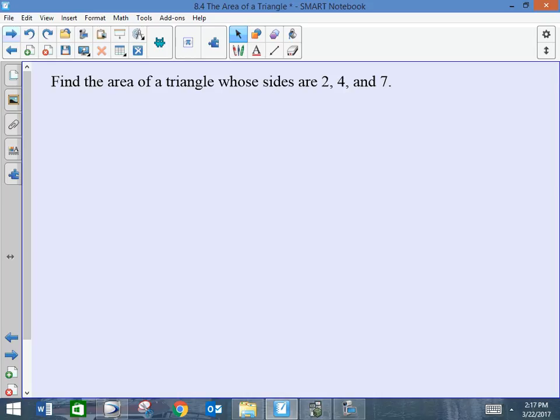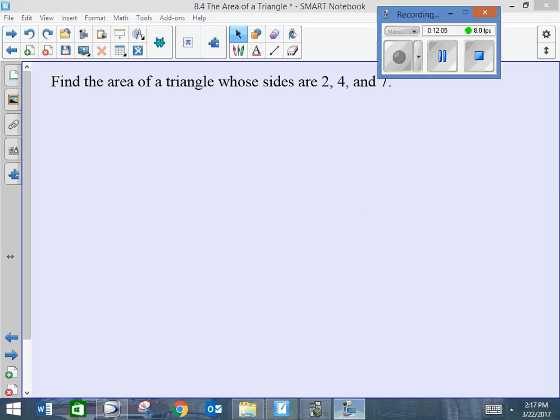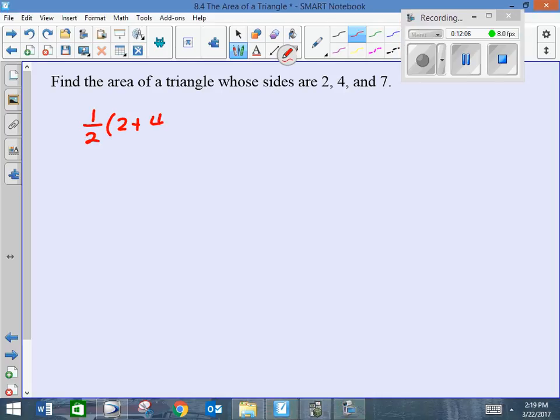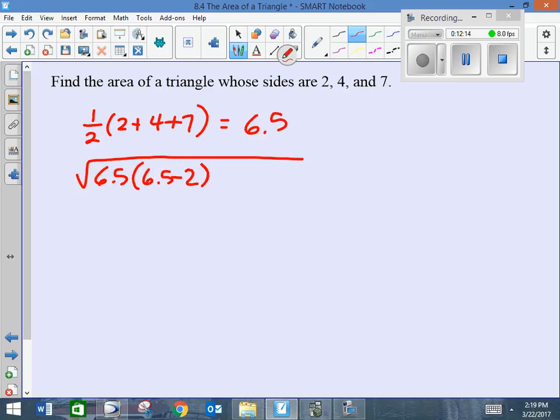All right, let's try another one. I'm going to let you do that yourself real quick. And you get 6.5, right? Start with your 6.5 under here. 6.5 minus the first, 6.5 minus the second.